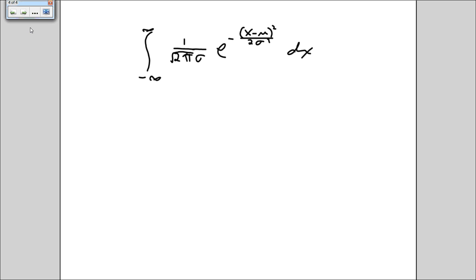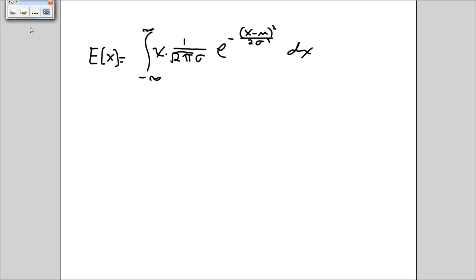That's the PDF. Well, E of X will just have that one change right there. It would just have that one.